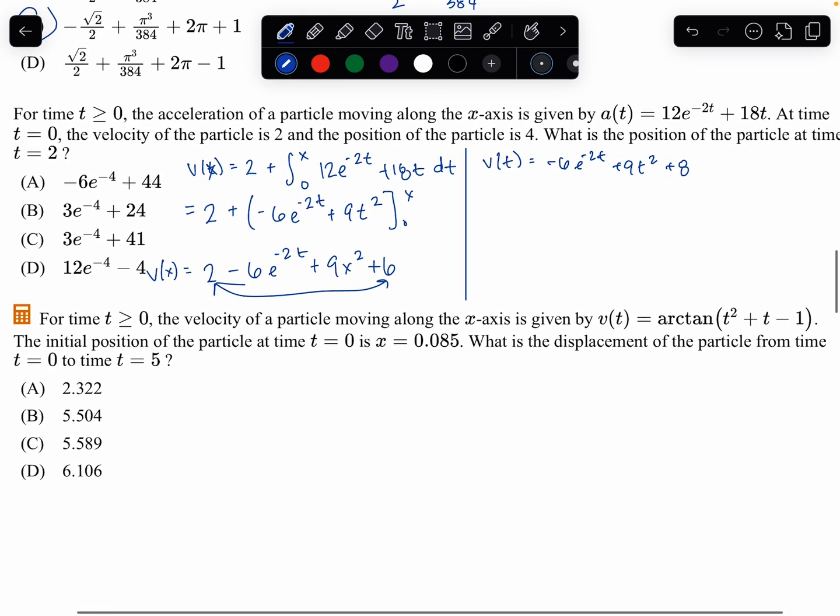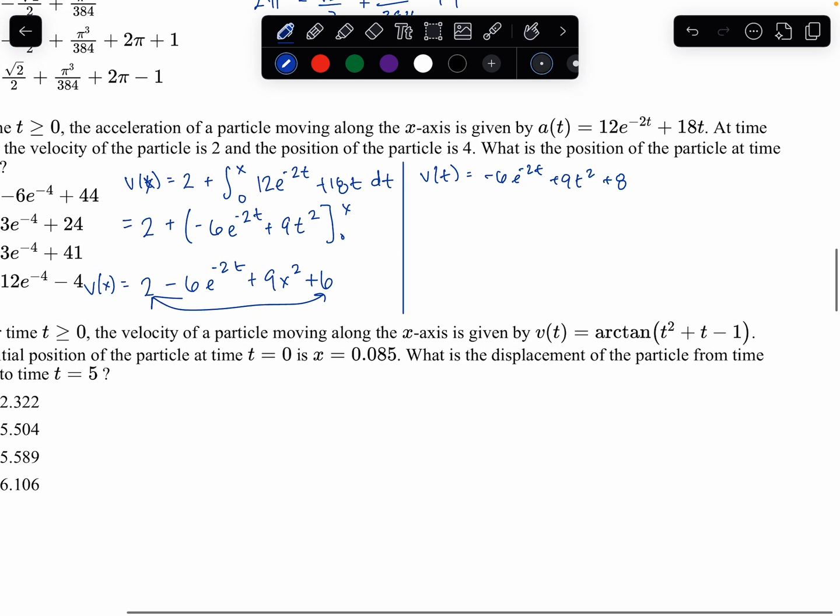Maybe this will get rid of our mistake, but let's say that we take the antiderivative of this right here, and then we'll give it a plus c. How about that? Instead of using the integral, we'll use this method.